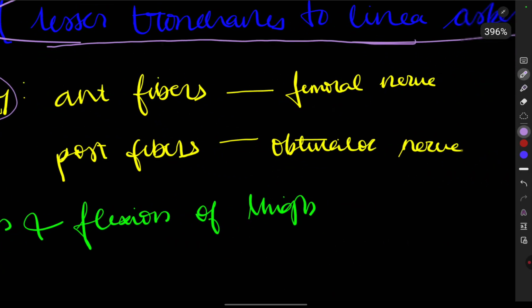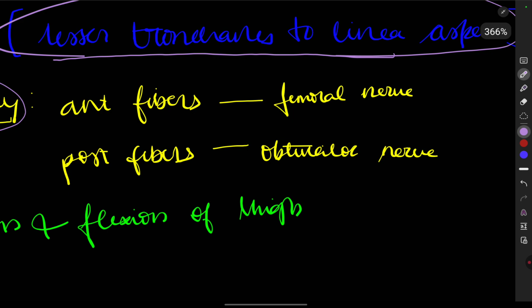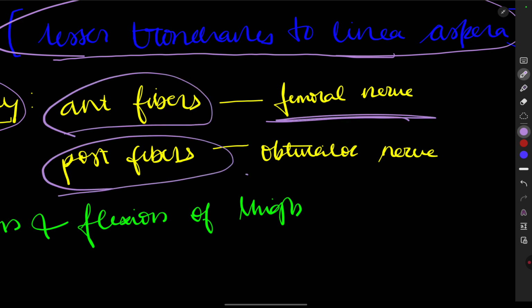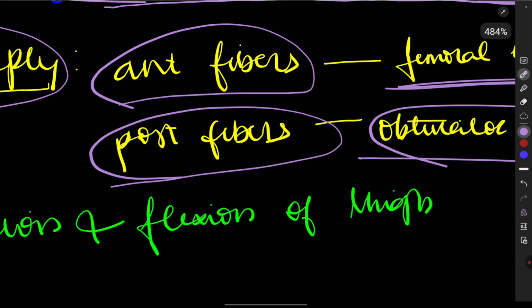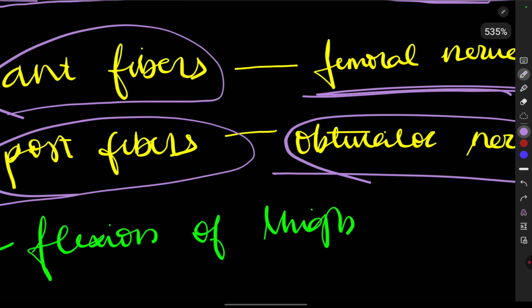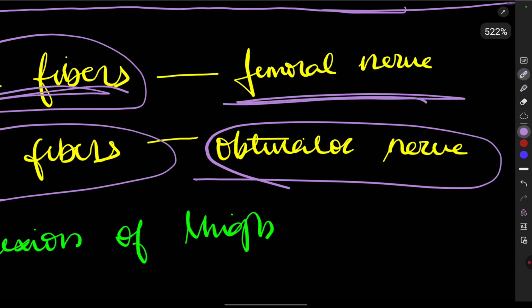Now the nerve supply has two parts: the anterior fibers are supplied by the femoral nerve and the posterior fibers by the obturator nerve.